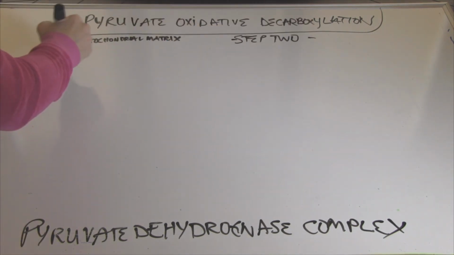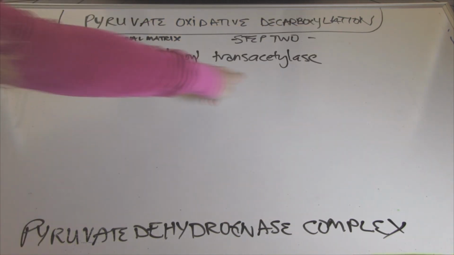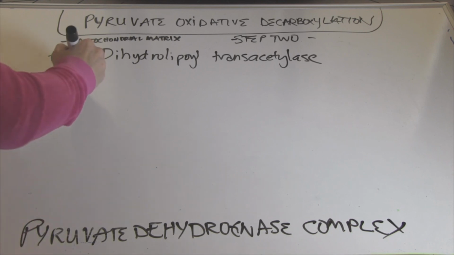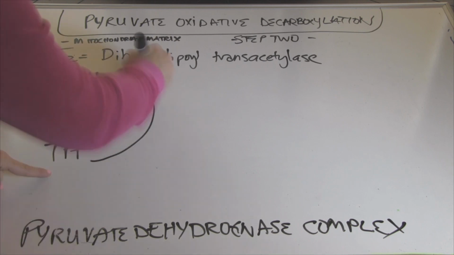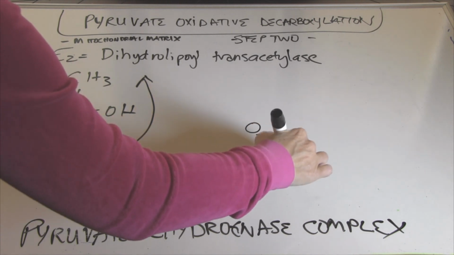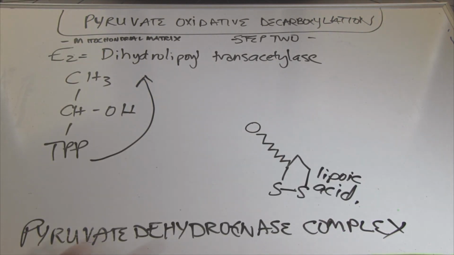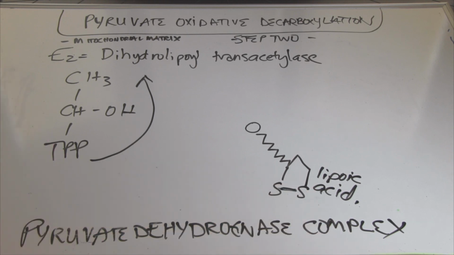We're going to be in enzyme 2. Enzyme 2 is dihydrolipoyl transacetylase. So what we were left with, this was the product of step 1. So here, we're going to be reacting with lipoic acid. What's important here is this disulfide bridge.